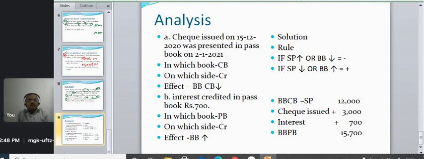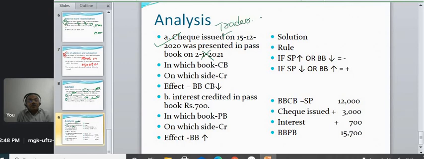Now, first reason, this is very important. This analysis you have to do mentally for each and every adjustment. The first reason is check issued on 15/12/20 was presented on passbook on 2/1. I told you 2/1 is not important for us. It comes after 31st December. So now it is check issued on 15/12. When I say it is issued, who issued? It's a trader.